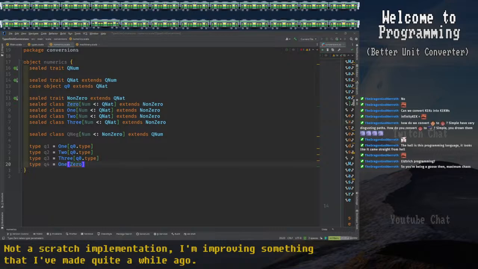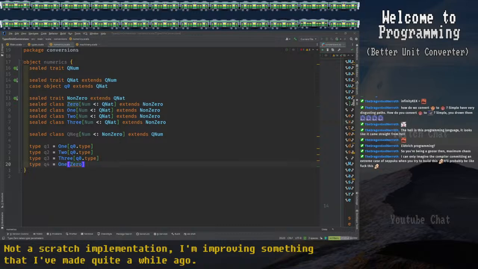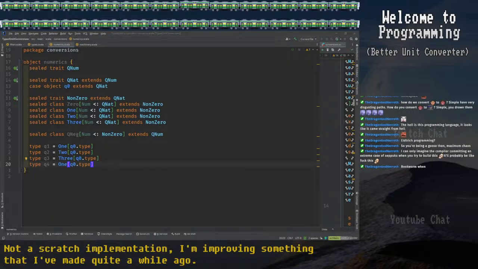Where did I define Q0? Oh, there it is. It's all the way down there. Why is it down there? I am actually doing this correctly.